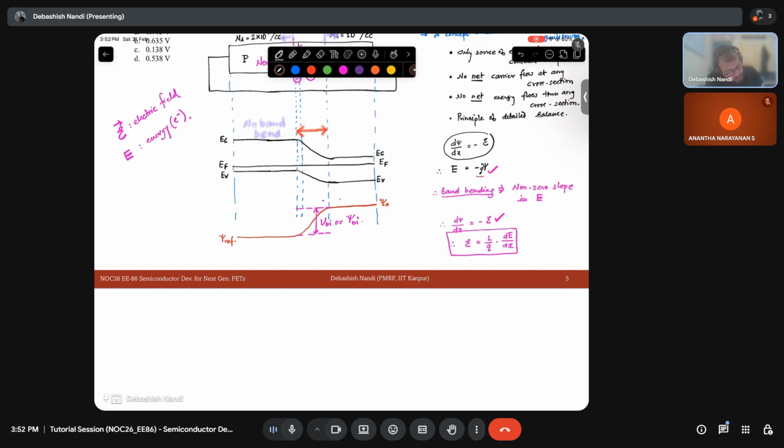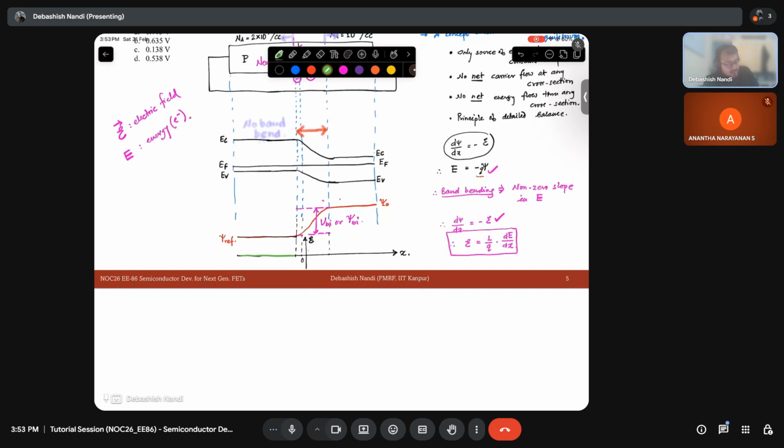If I have to plot it, electric field will be what? Let's say this is the axis, I am plotting electric field with respect to some x, and this line is 0. So what is the electric field? Negative slope of this line. Till this point the negative slope is 0, so electric field will be exactly 0.